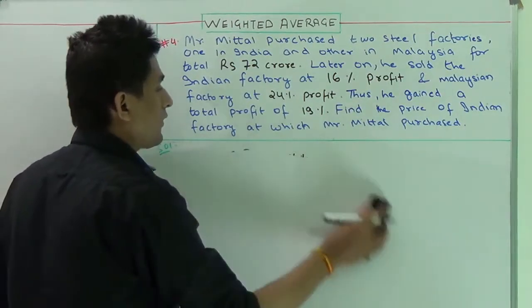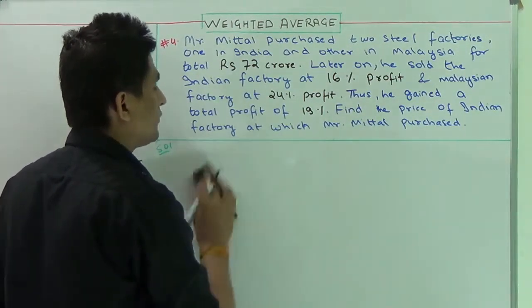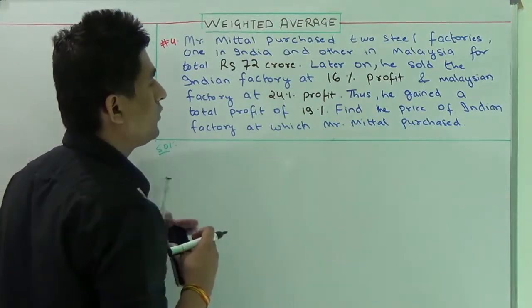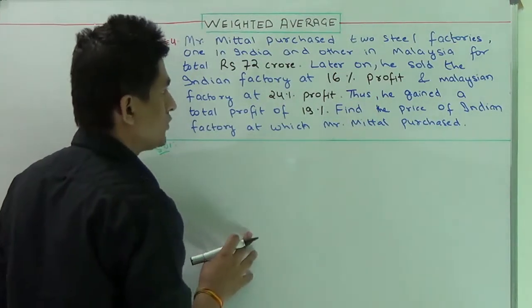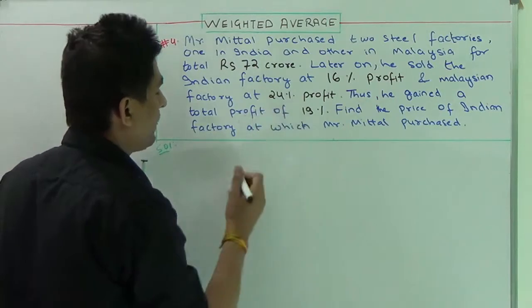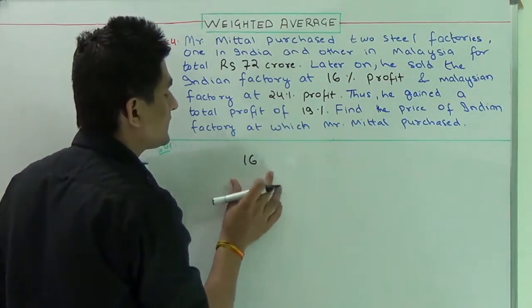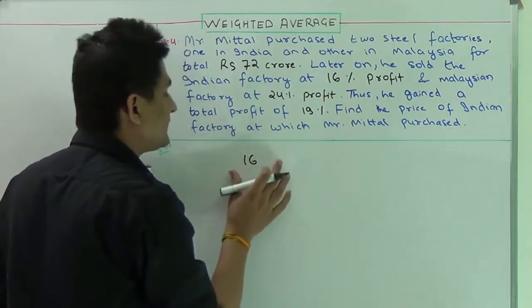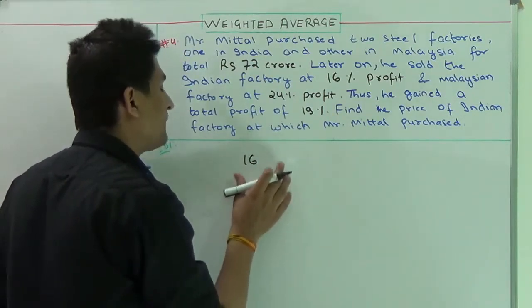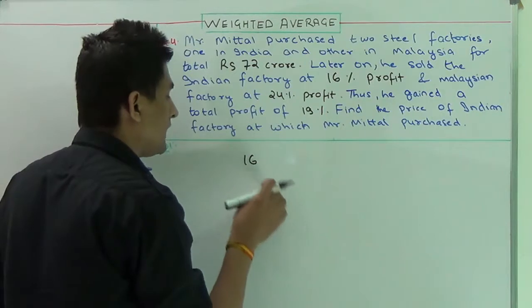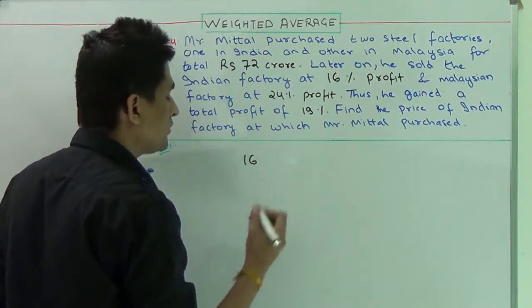Here the questions are given in terms of percentages, and I have already told that percentage is also a rate value, and here profit is given, first the profit on the Indian factory is given to be 16%. So since it is a profit percent, we'll calculate the profit percent with respect to the cost price.